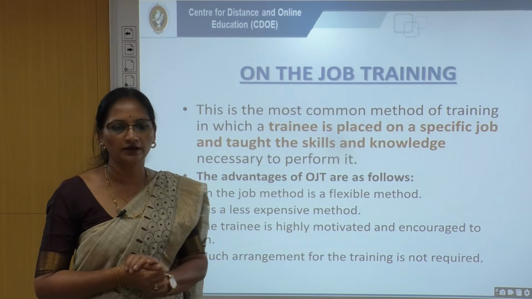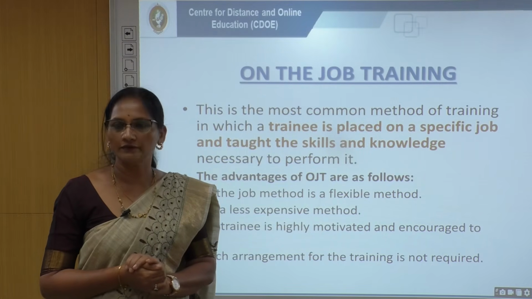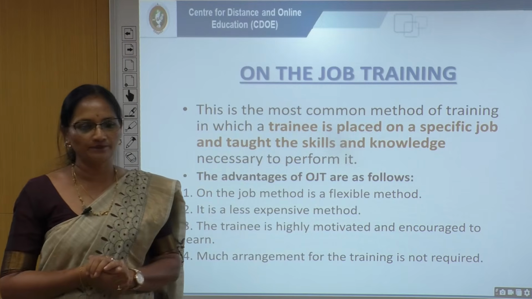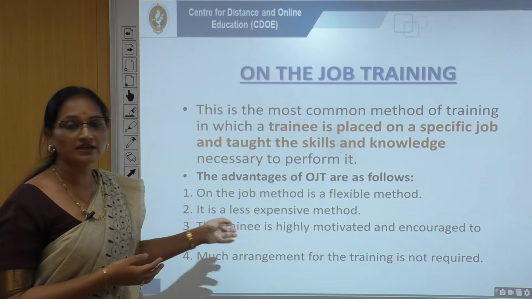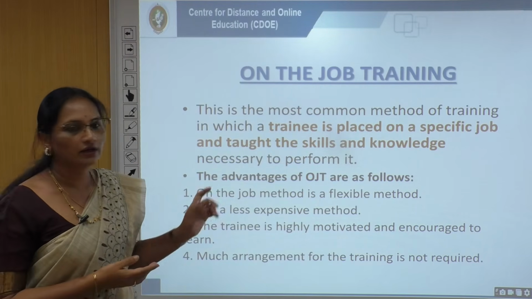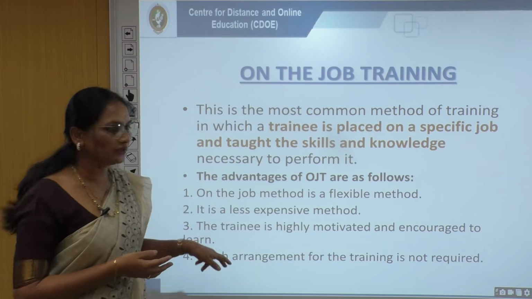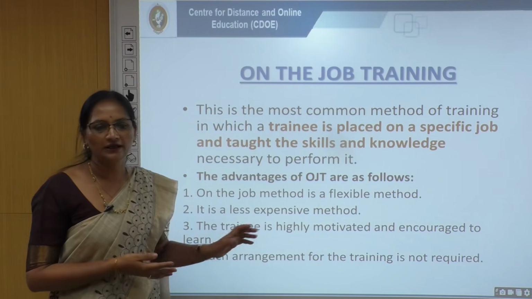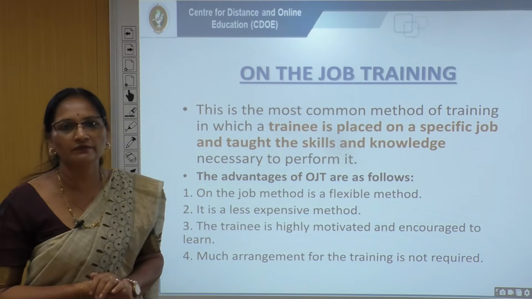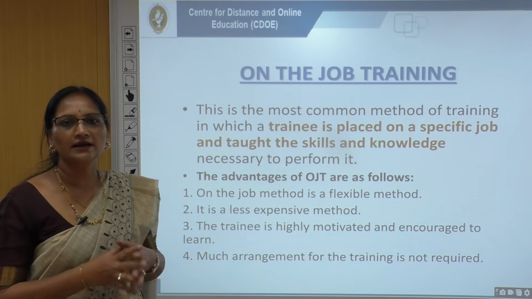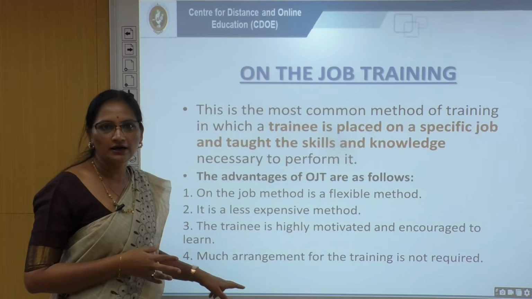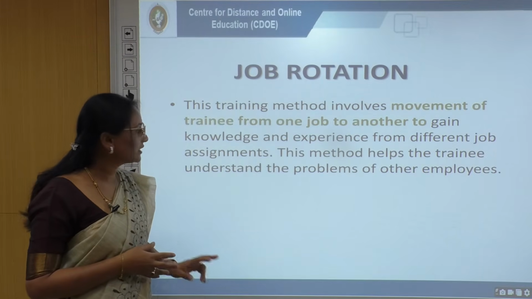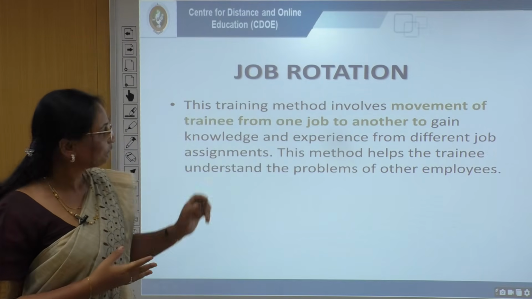So highly motivated and encouraged learning is possible here, and much arrangement is not required. Since it is conducted in-house, it can be held immediately as needed. These are the advantages we can see.